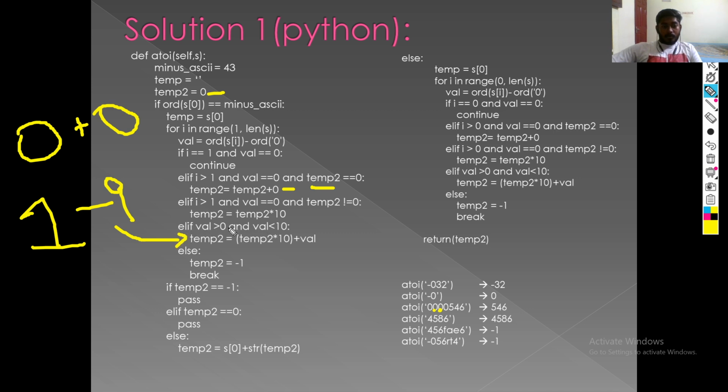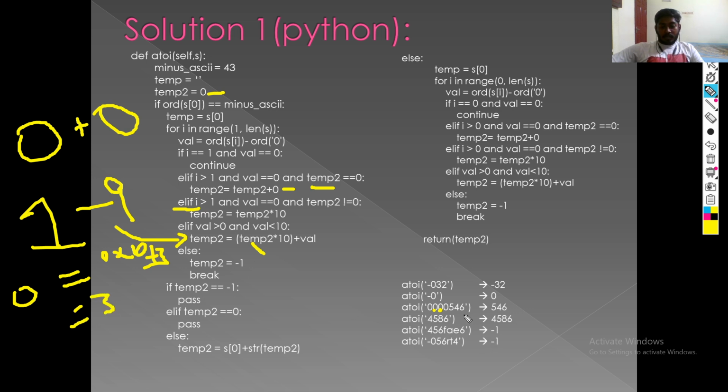Okay, 0 is greater than 0 and less than 10, which means false. This particular category it will give. I will say what this particular statement does. Temp is already 0. If we are getting a temp value of 3, then 0 into 10 plus 3, which means 3.